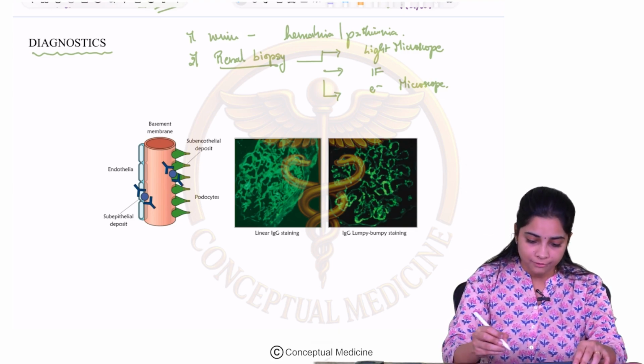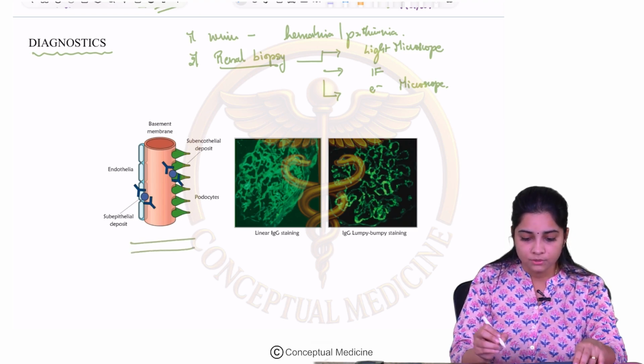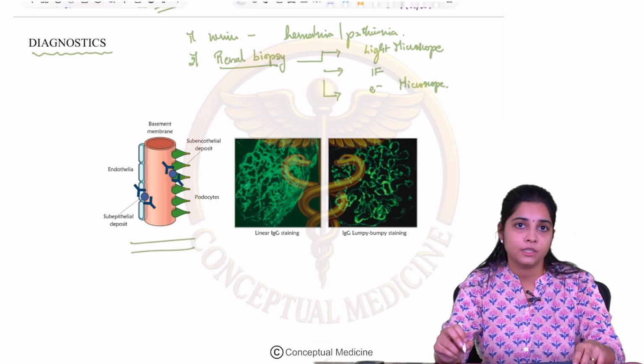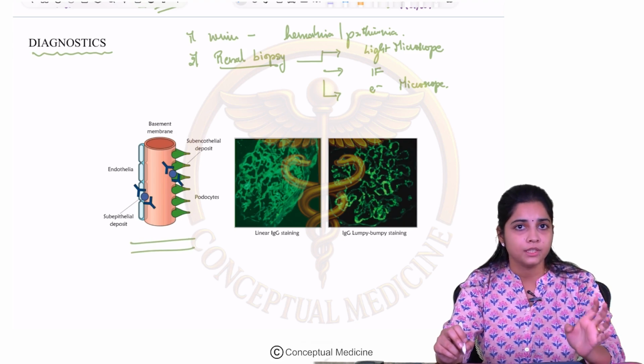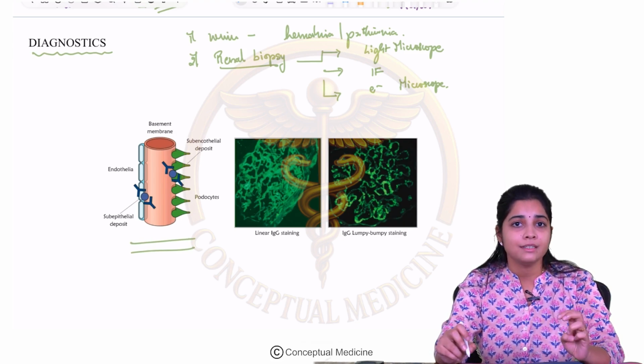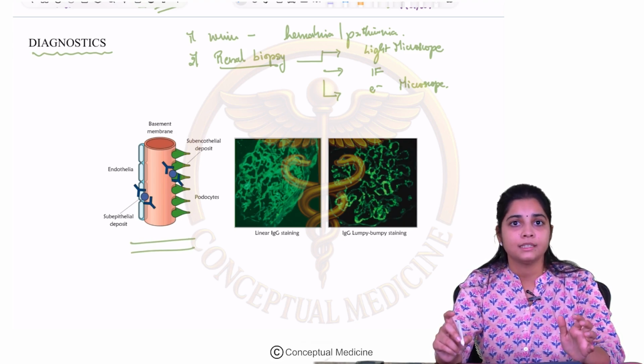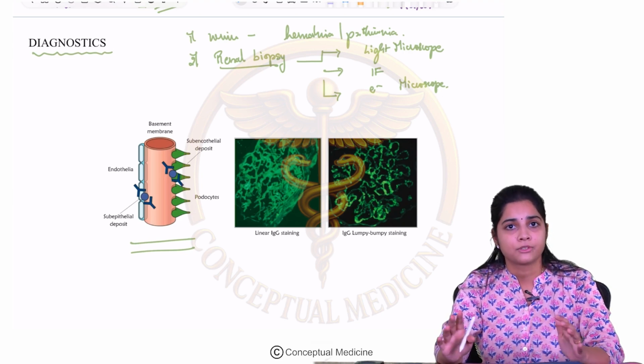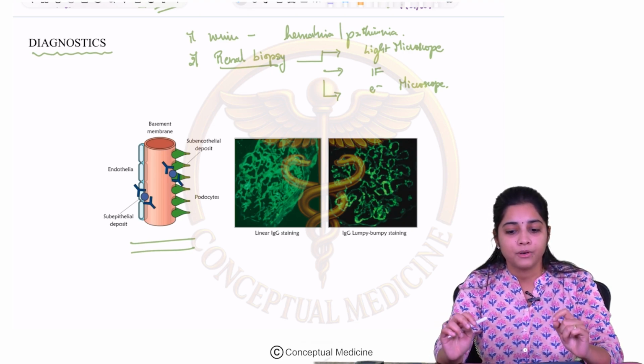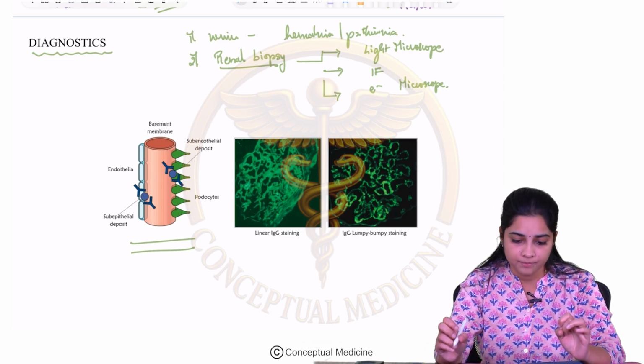Glomerulonephritis most often occurs due to certain antigen-antibody reactions to different portions of the glomerulus. These antigen-antibody complexes can get deposited in any portion of the glomerulus and they give rise to different patterns. That is the whole point of why we do a renal biopsy.